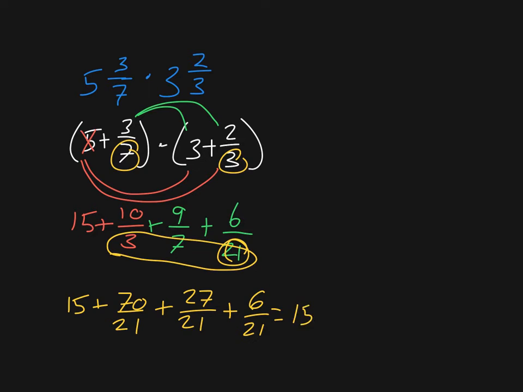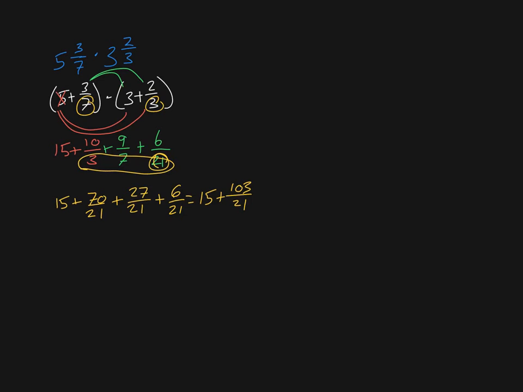So we have 15 plus 103/21. Knowing that 20 times 5 is 100, 21 times 5 would be 105, so I know that I can pull 4 wholes out of there. So that's 15 plus 4, because 21 times 4 is 84, so I just need to figure out what I have left.